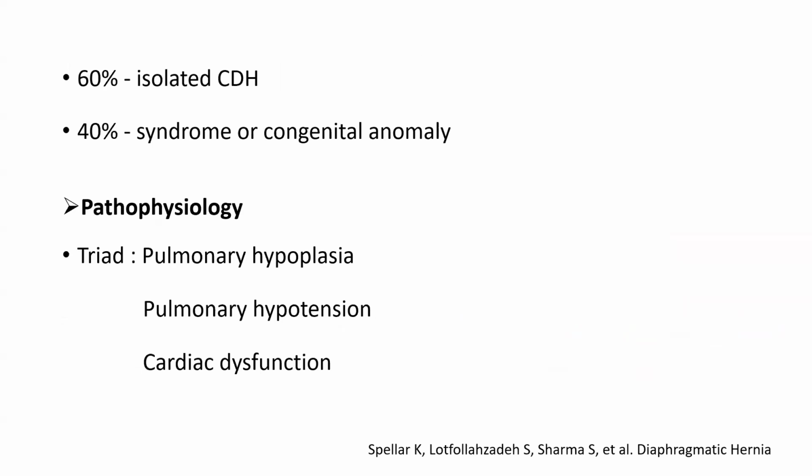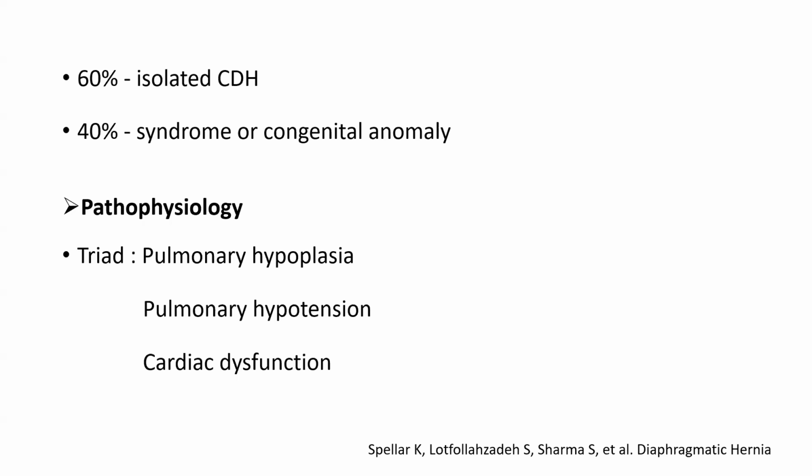In 60% of cases, congenital diaphragmatic hernia occurs as an isolated event. In 40% of cases, it occurs as part of a syndrome or association with congenital anomalies, including congenital heart disease, urinary abnormalities, intestinal atresia, and neurological defects.